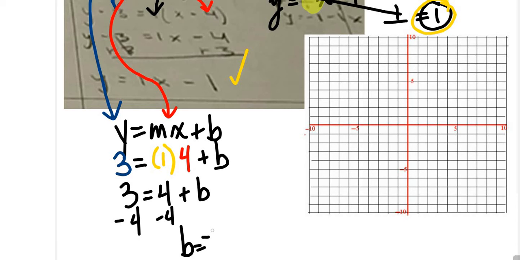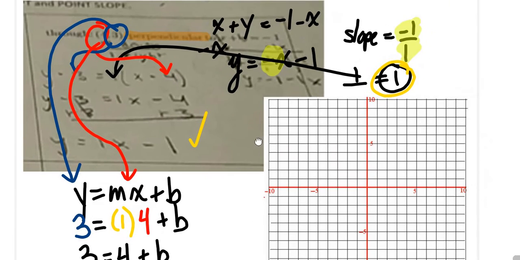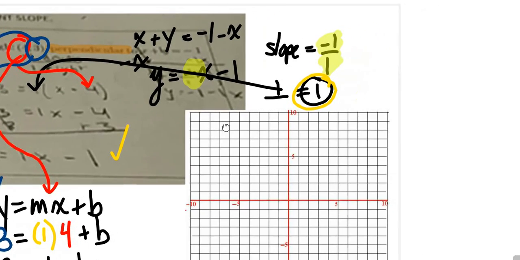B equals negative 1. So this line is going to be y equals 1x minus 1. So now let's graph both lines.